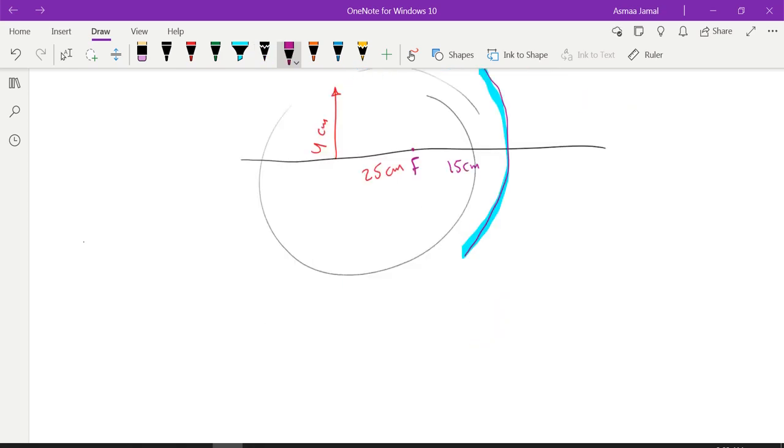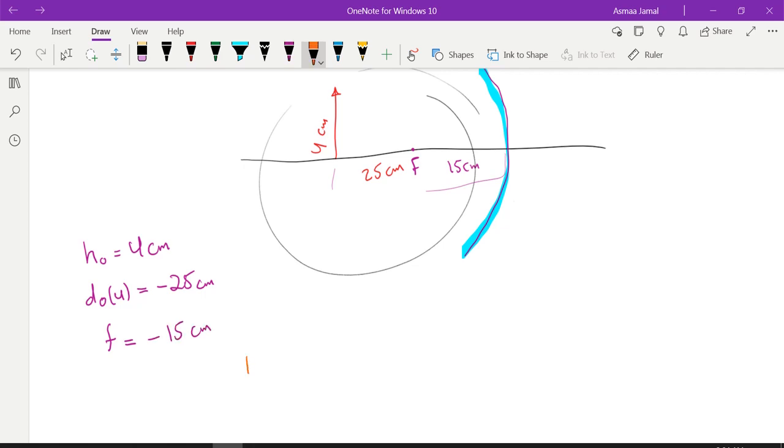From those, the height of the object here is 4 centimeters, and it's positive because it's above the optical axis. Since this object is to the left, which means in front of the mirror, the distance of the object, or u, will be negative. That's minus 25 centimeters. And since it's a concave mirror, our focal length is also negative, minus 15 centimeters.